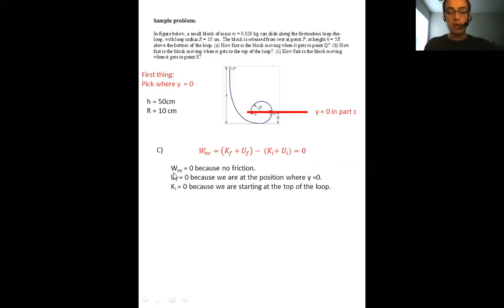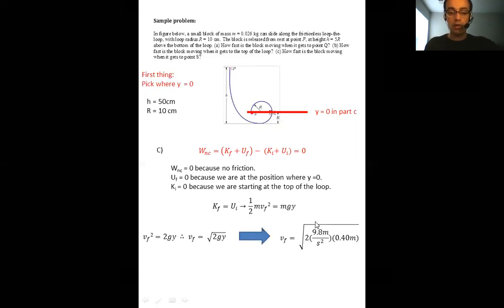We once again know that the work of non-conservative forces is 0 because there's no friction or any other non-conservative force in play here. We know that the final kinetic energy is 0 because that's how we've set it up. We know that the initial kinetic energy is equal to 0 because, again, we're starting at the top of that. So the final kinetic energy is equal to the initial potential energy, Kf equals Ui.